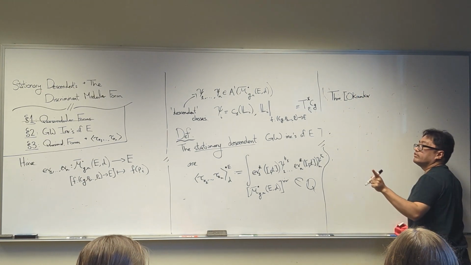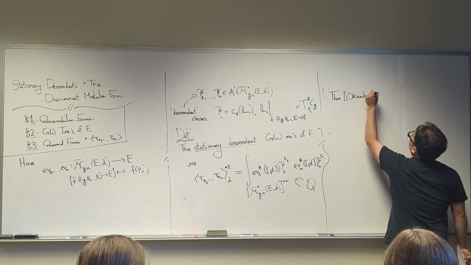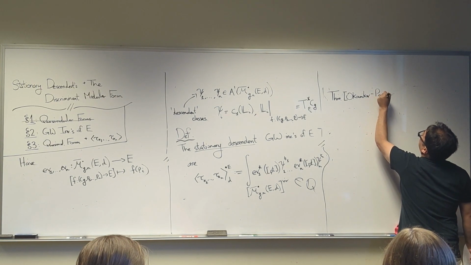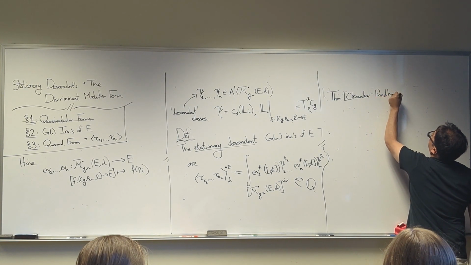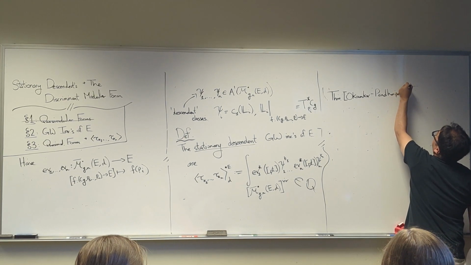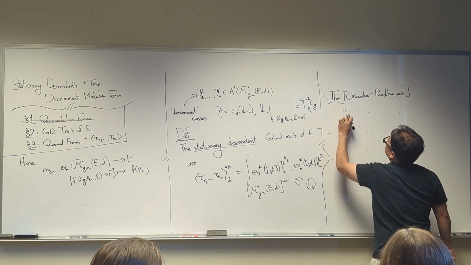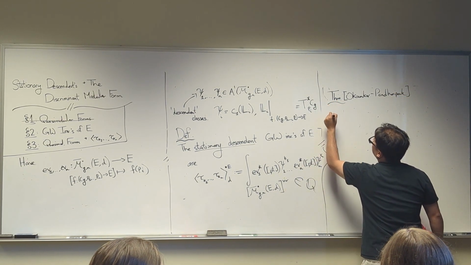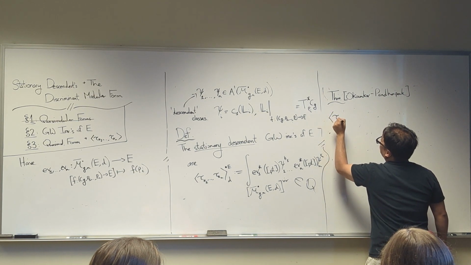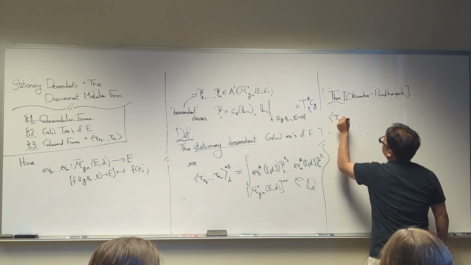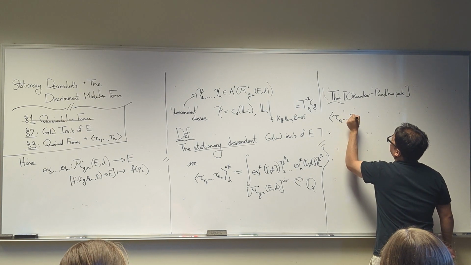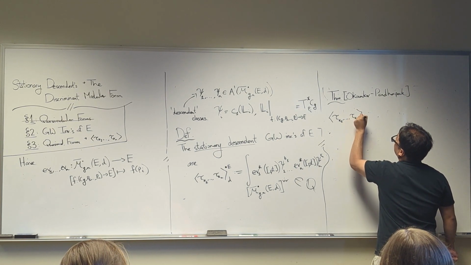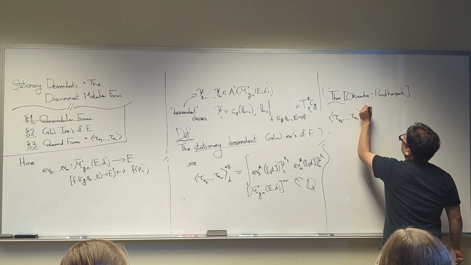You said 4:15 is okay, right? The theorem says that this rational number can be computed in a completely combinatorial way.